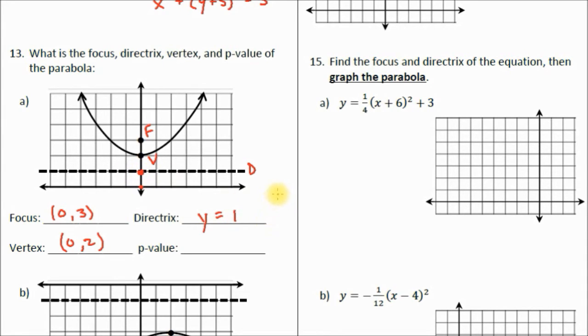So y = 1. And then our p-value is the distance from the vertex to the focus, and that is a positive 1. It's got to be positive, class, because this parabola opens up. Our a value is positive, so our p value must also be positive.